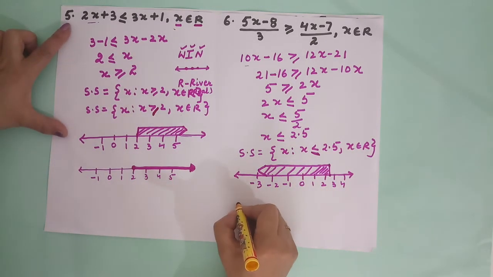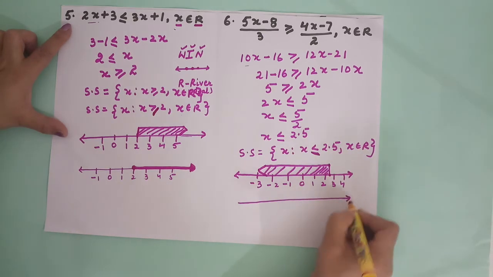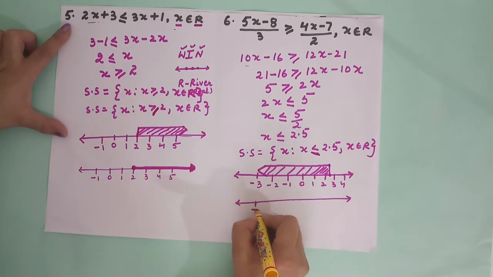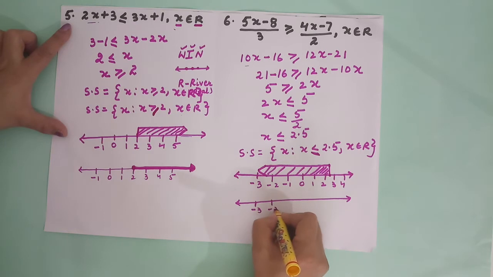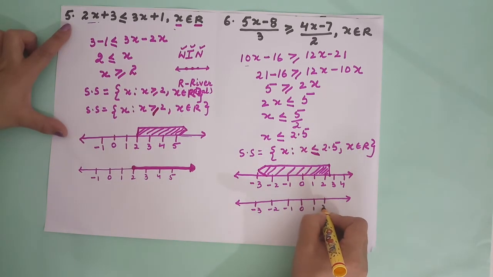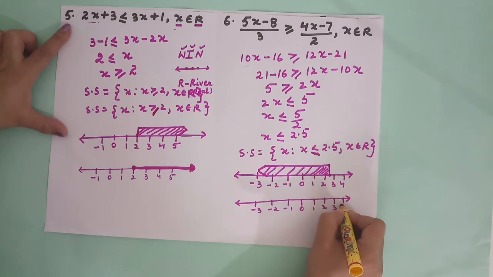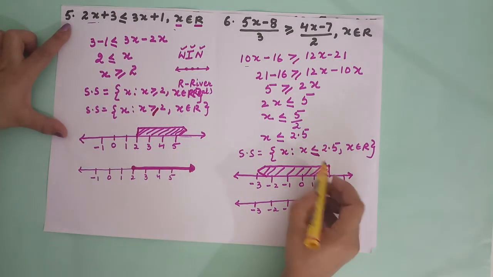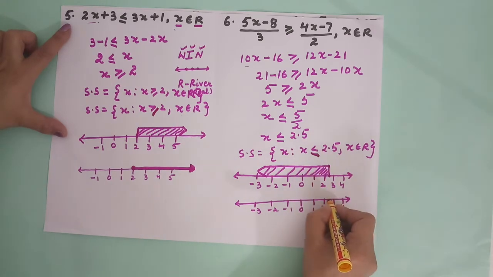If I have to represent this by another method, again I'll go here. This is my minus 3, minus 2, minus 1, 0, 1, 2, 3, 4. Now I have to go to point 2.5. The equality sign is there, so I'll go to 2.5 and place a dark circle here.